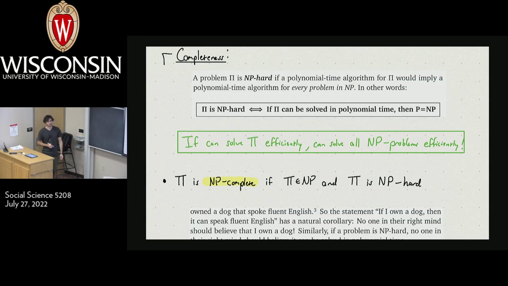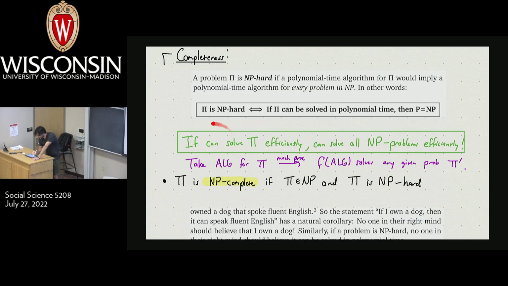That's the actual crazy part. We take an algorithm for pi, and there's a general mechanical procedure that outputs some f of alg that can solve any given problem pi prime.